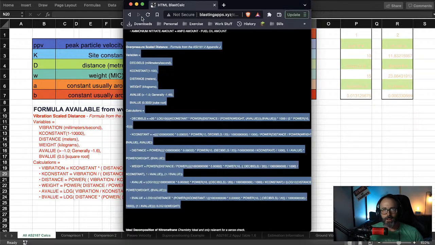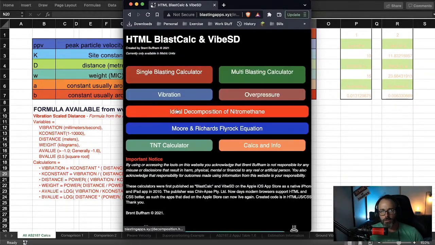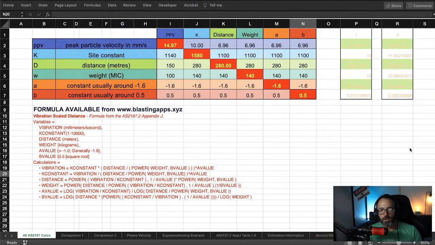So a little bit of a playground there for you all. So by all means, go to this. It's free. Go and have a look. You can go and get some calculations and information out of it.